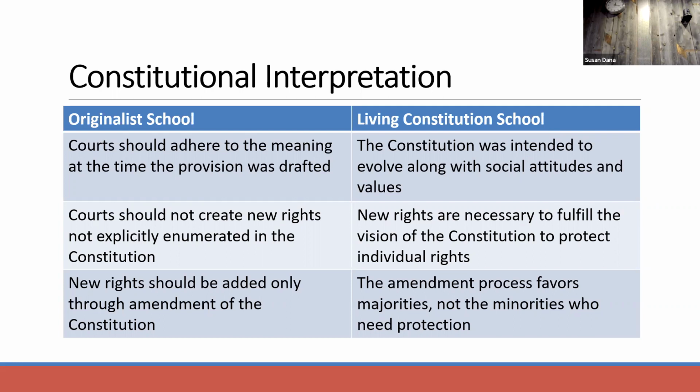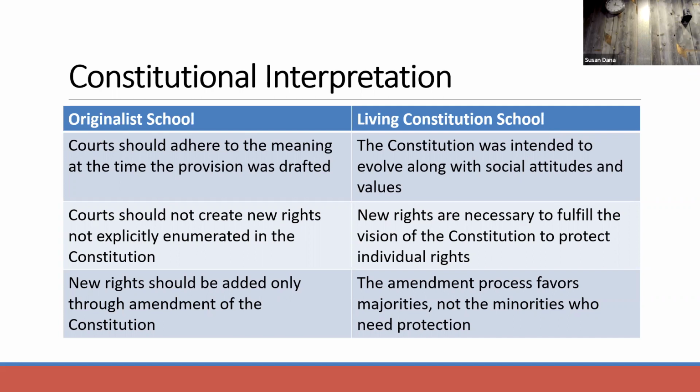Because to amend the Constitution, you have to have 2/3 of both houses, both the Senate and the House, and then you have to have a majority of the states approve it. And that's majority rules. But the whole point of the courts is to protect minority rights. Not the whole point. One of the important points of a court is to protect minority rights.